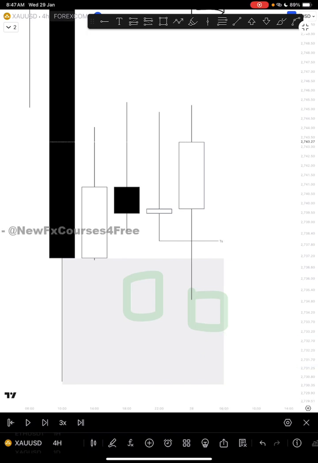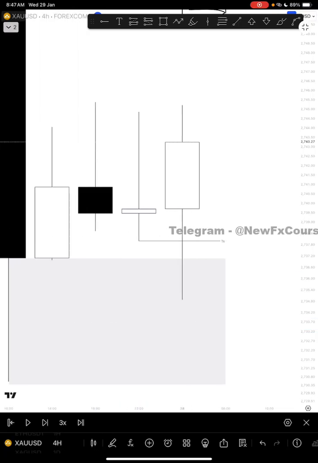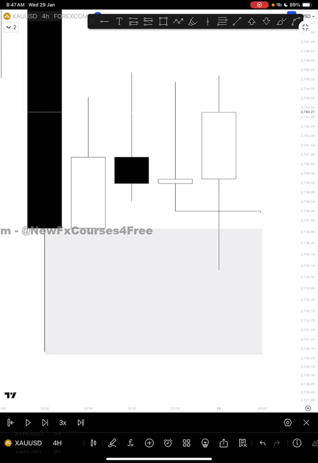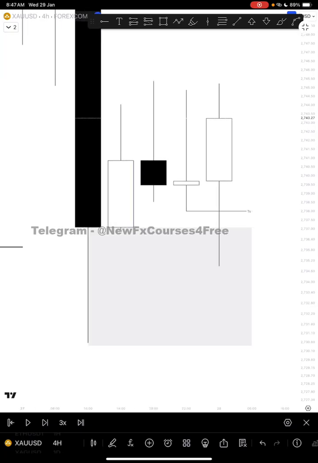It's a failed rejection block. So once price taps on it, you'll see that candle close above, and vice versa for bearish rejection block.